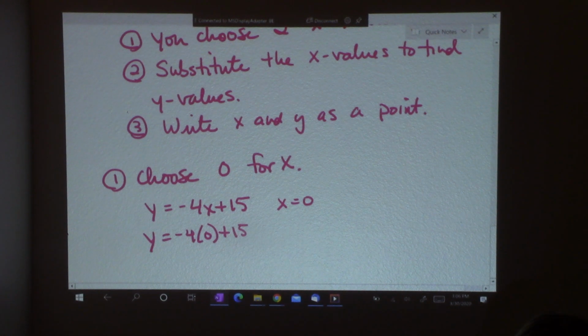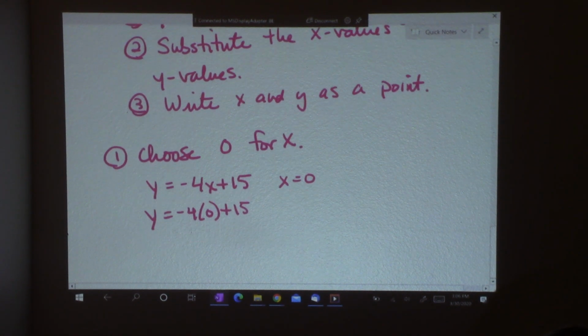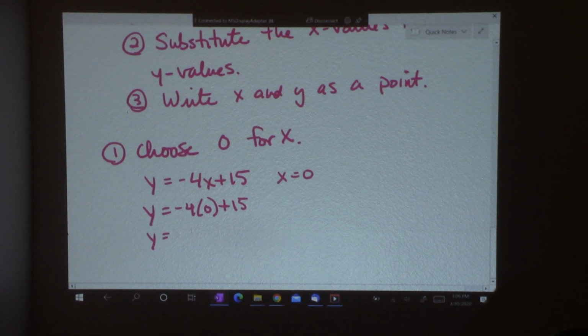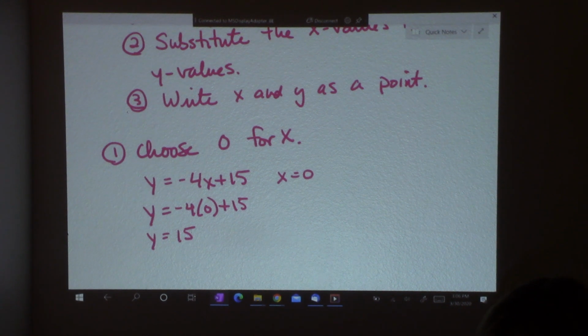So what's y then? Negative 4 times 0 is 0, and y is 15. Do you see why I chose 0? Because whenever you multiply 0 times anything, it becomes 0. So it's a very easy problem to do.